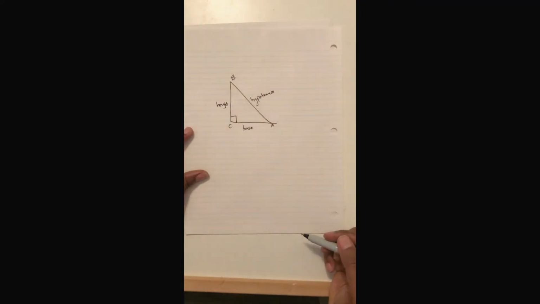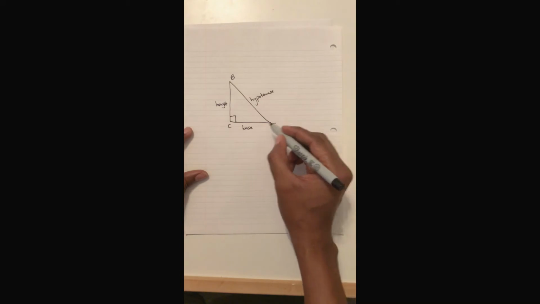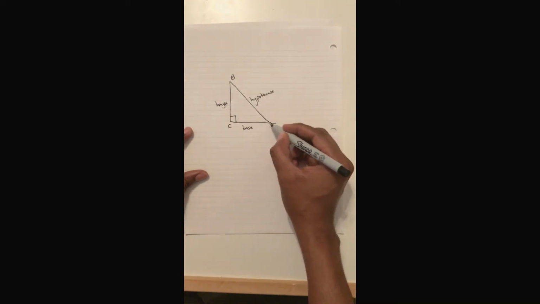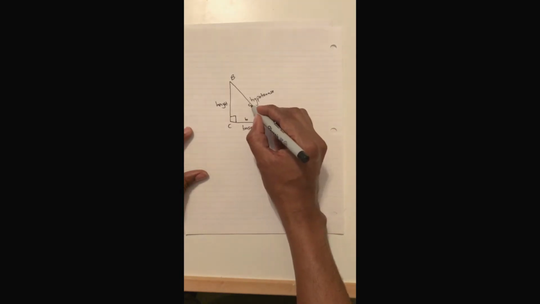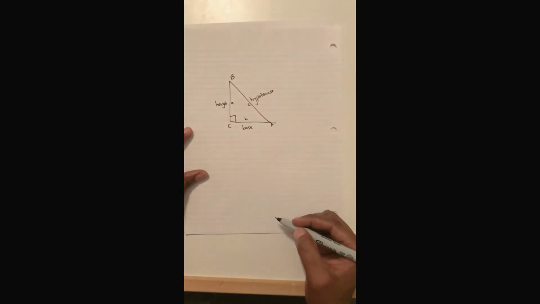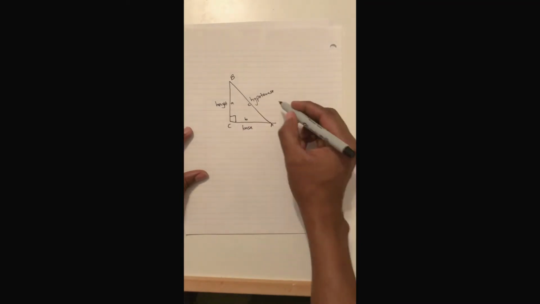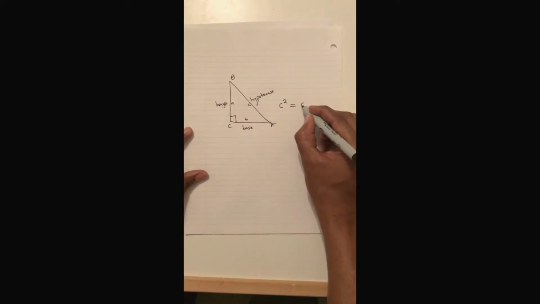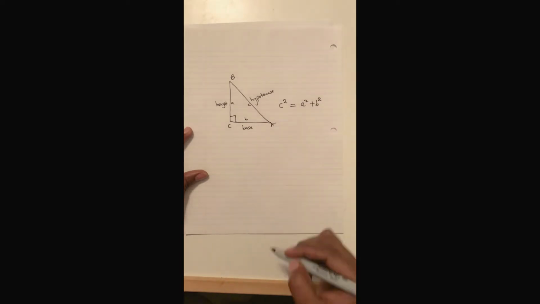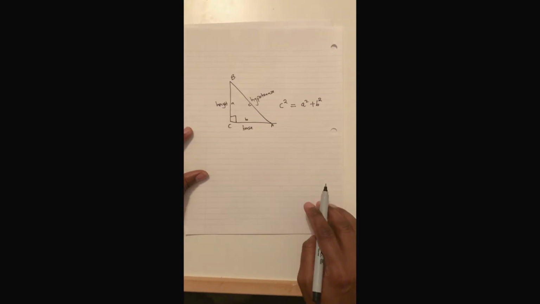So if we label each side by the alphabet A, B, C, let's say here small b, here small c, and here a, the relationship of the three sides is such that c squared, which is the hypotenuse, is equal to a squared plus b squared.